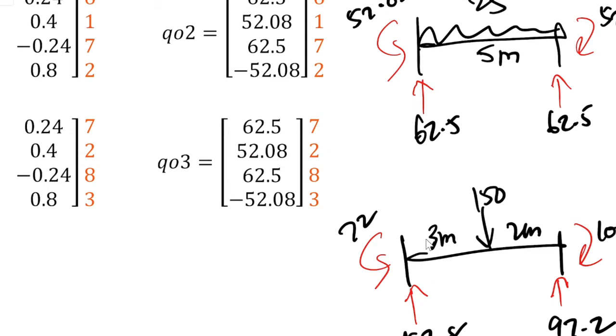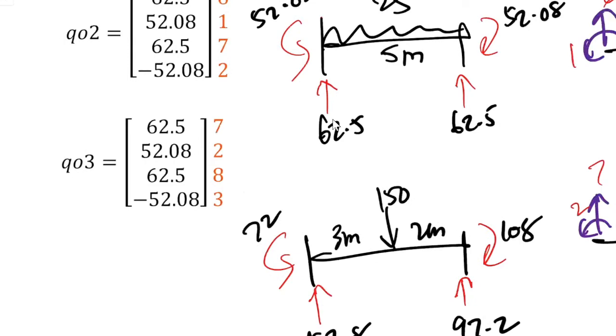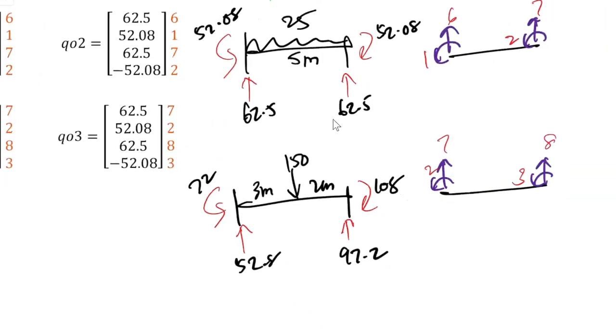Okay, so we will put the value of Q naught 3. Position number 7 is 52.8.